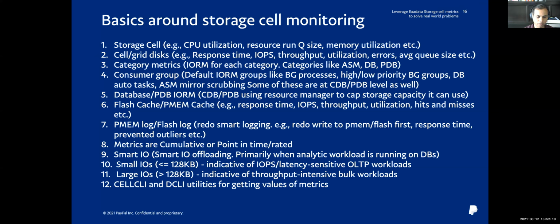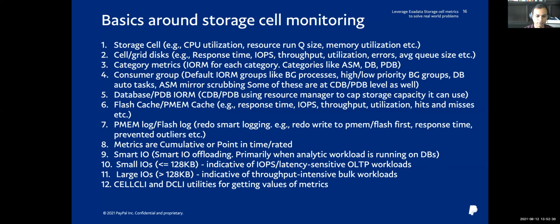Now, on Exadata, the IOs are divided into two categories. One is a small IO and one is a large IO. So for an OLTP kind of workload, you will have small IOs, and those are given more priority versus large IOs, which are more than 128 KB.